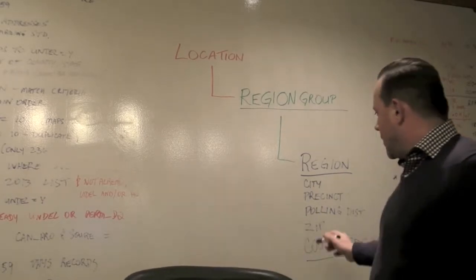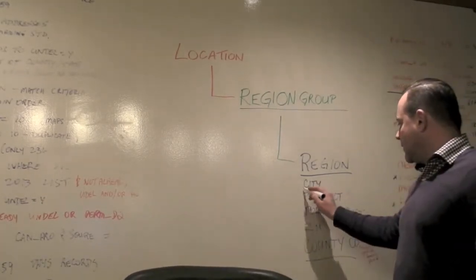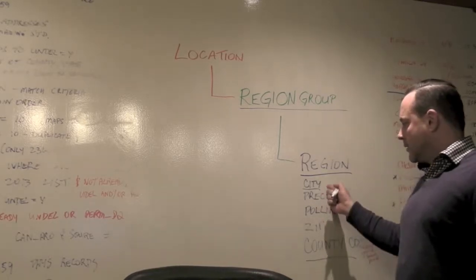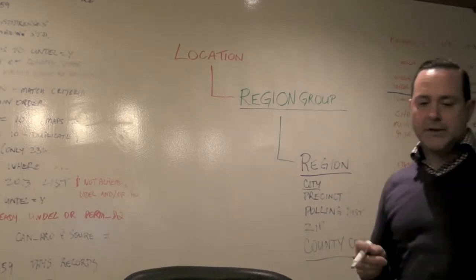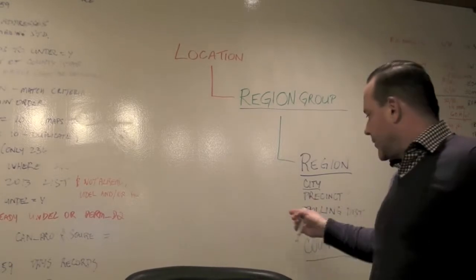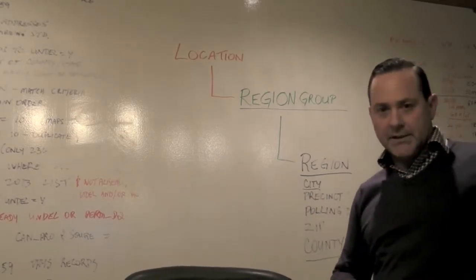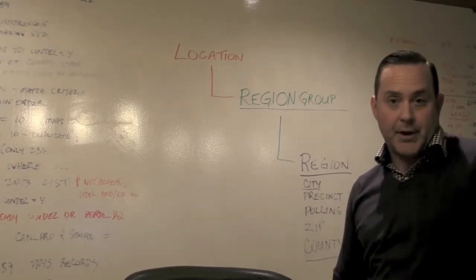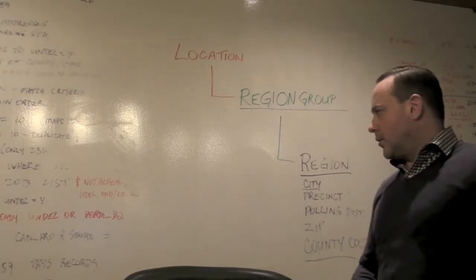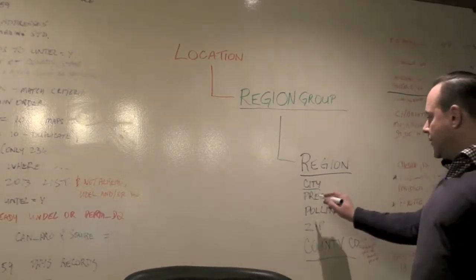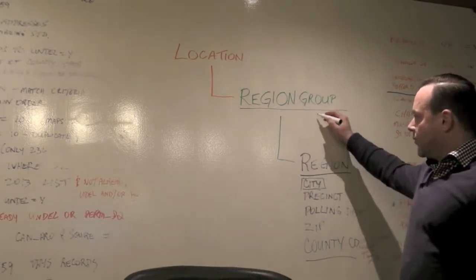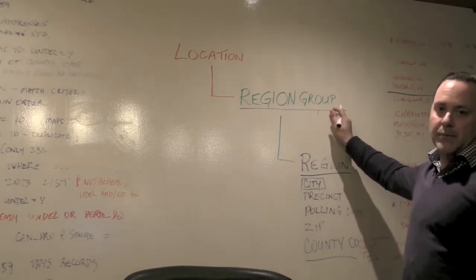For example, where we're using city as the regionalization criteria, your source list might contain many records with a city name, but that city name may be misspelled. It might be spelled 10 or 20 or 30 different ways. So you might need to include many versions of a city in a region group of the same city name.